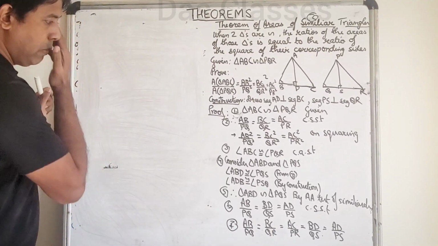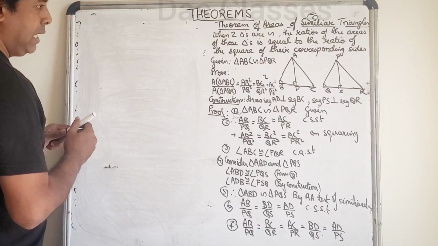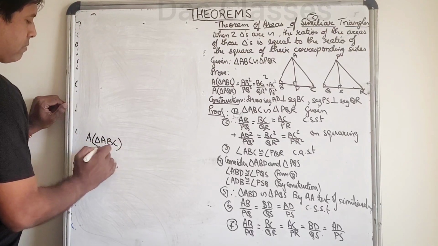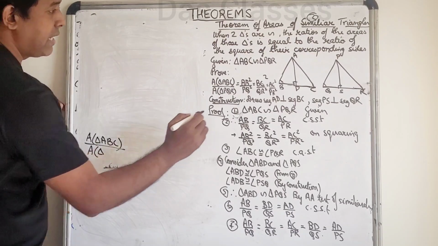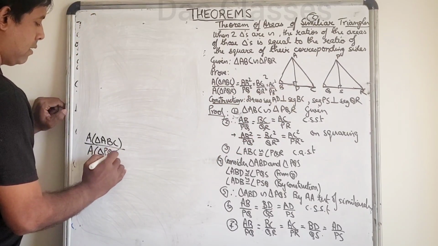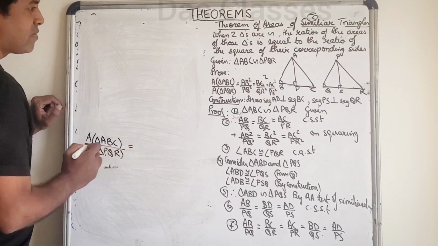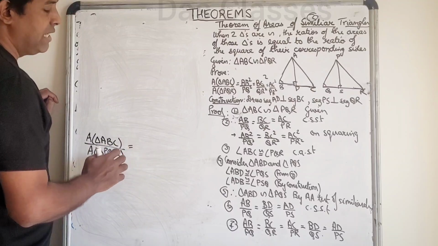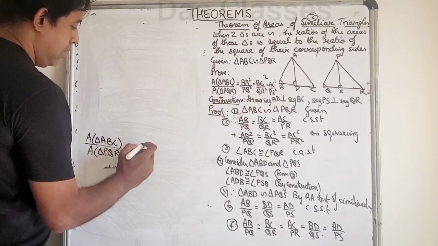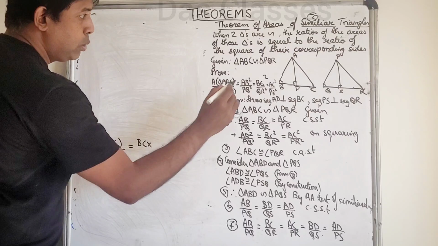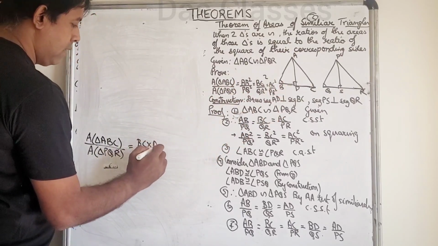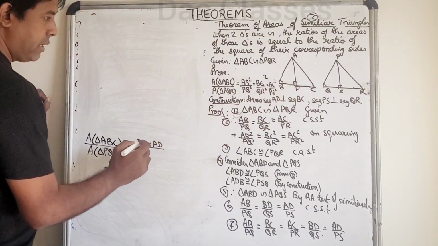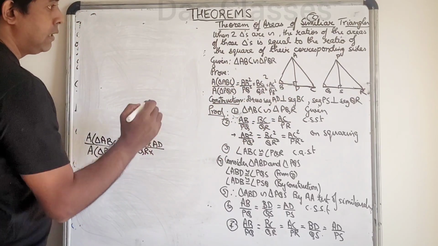So now what we'll do is area of triangle ABC upon area of triangle PQR can be written as, now areas are half base into height, but half will get cancelled. So base into height means BC into AD for area of triangle ABC, and for triangle PQR we can write it as QR into PS.